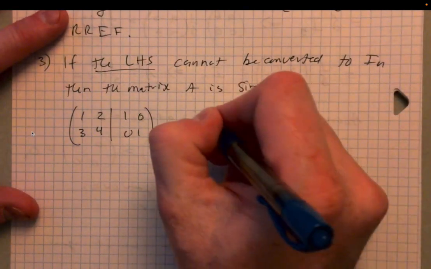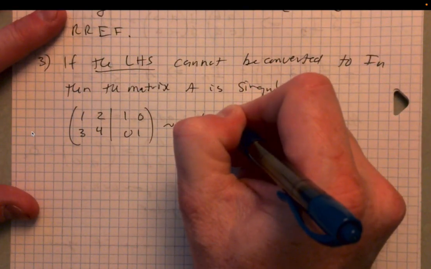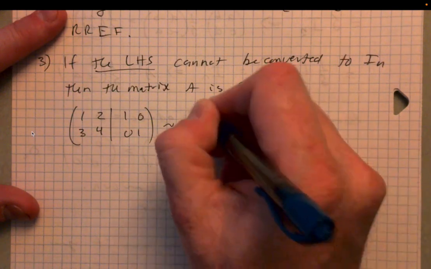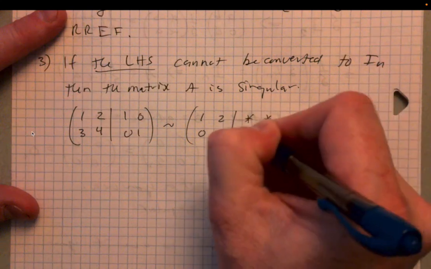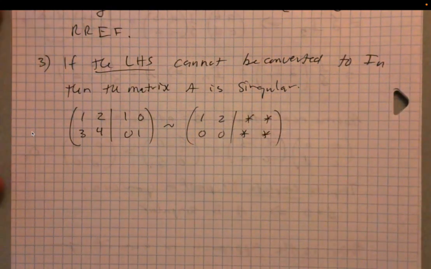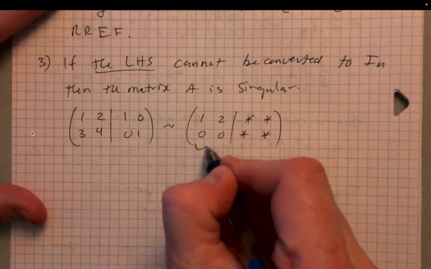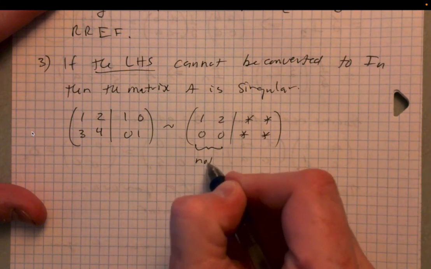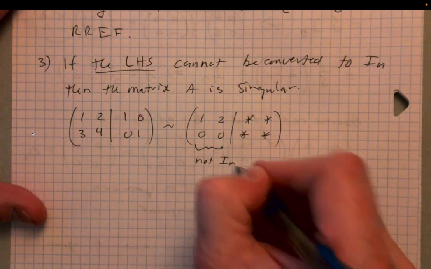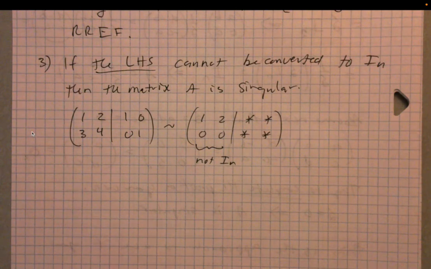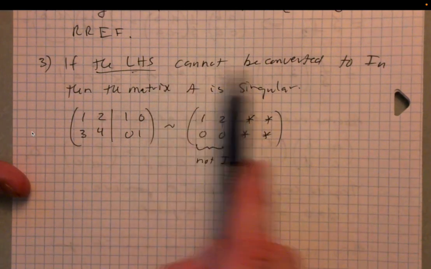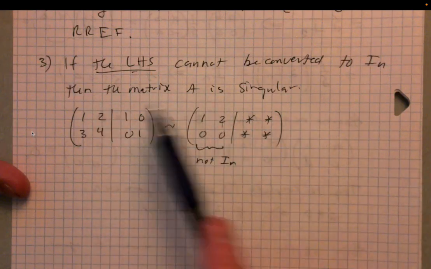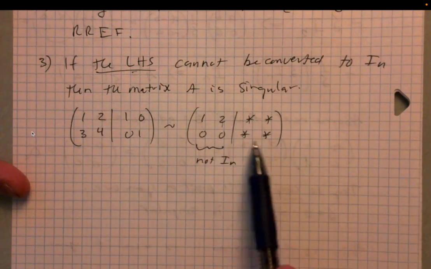Let's say I'm able to get it into this form: 1, 2, 0, 0, and something, something, something, something. We don't know. So in this case, this is not the identity, right? That's what this item 3 is saying. If the left-hand side, this side here, cannot be converted to the identity, then the matrix is singular.